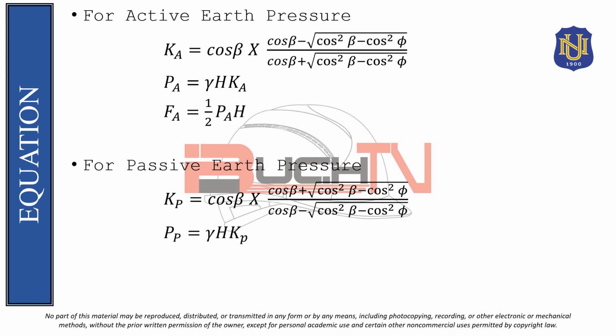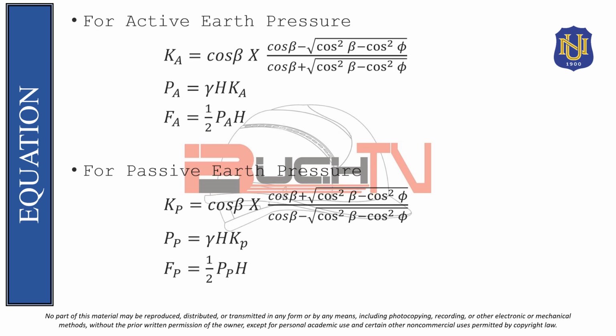And then, the passive earth pressure, which is equivalent to gamma H KP, and the passive earth thrust or the passive earth force, which is the area of the triangle, which is 1/2 P sub P times H.